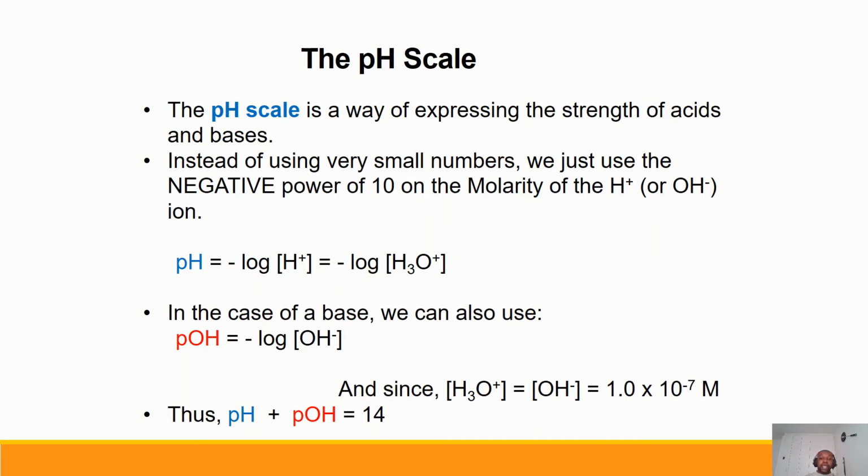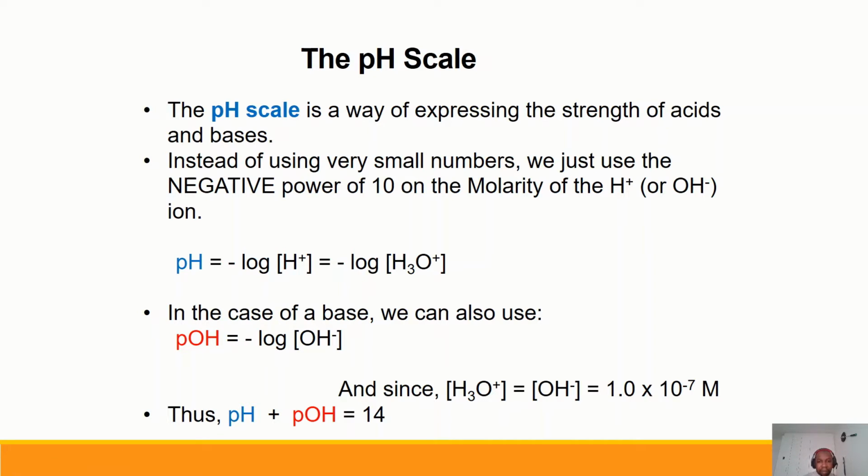Then we have the pH scale. The pH scale is a way of expressing the strength of an acid or base. Instead of using very small numbers, we use the negative power of 10 in the molarity of H plus or OH minus. So pH is minus log of the concentration of hydrogen ion or hydronium ion.